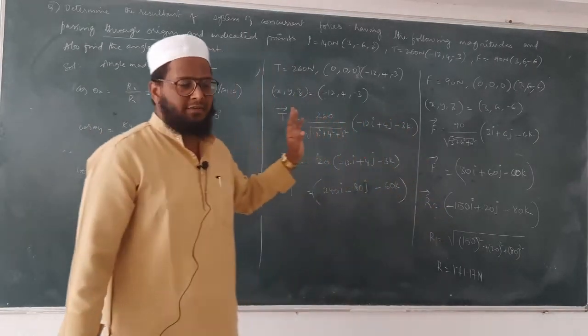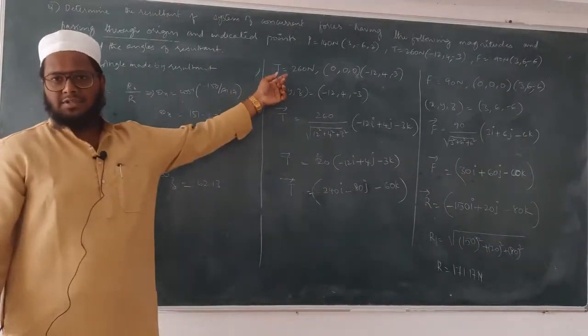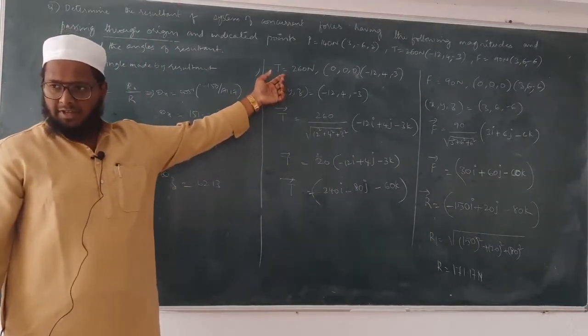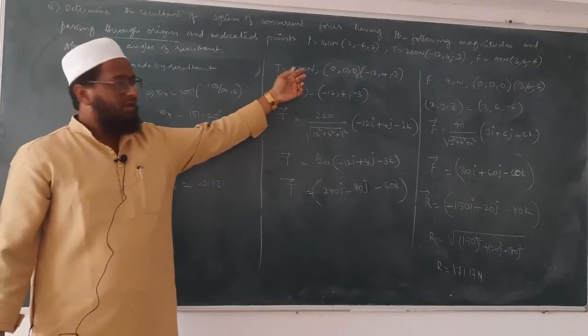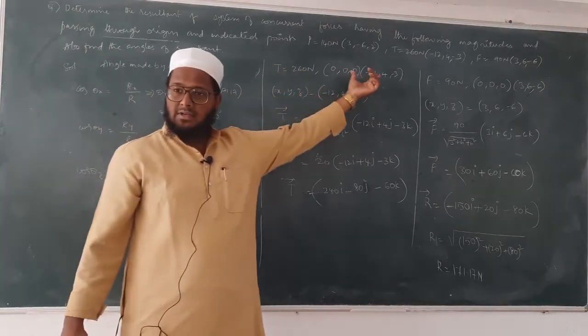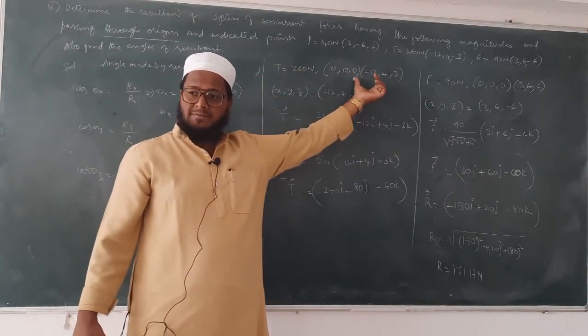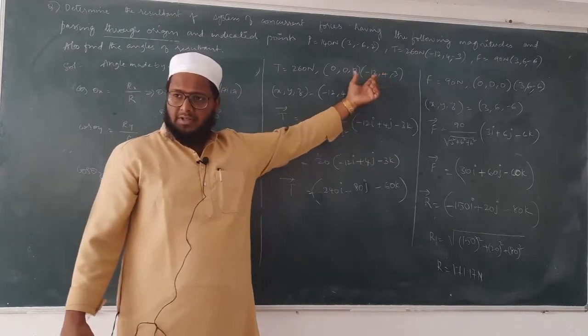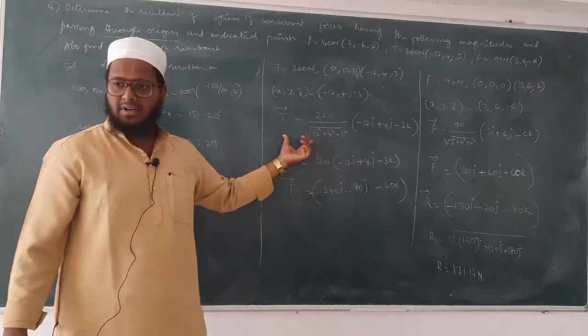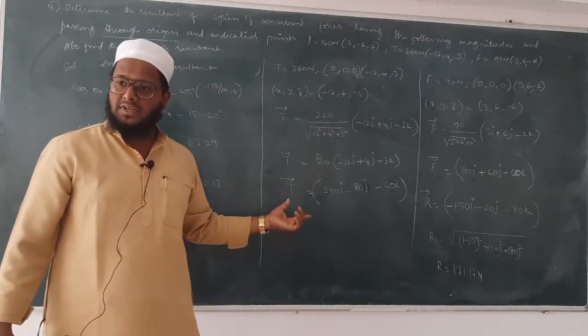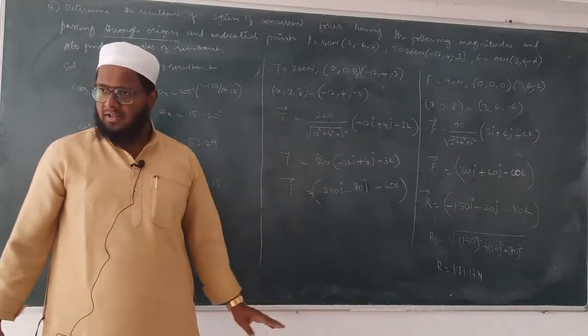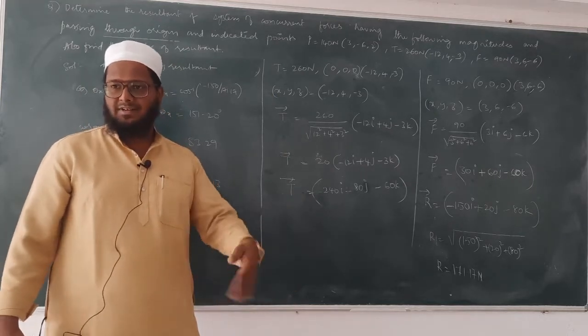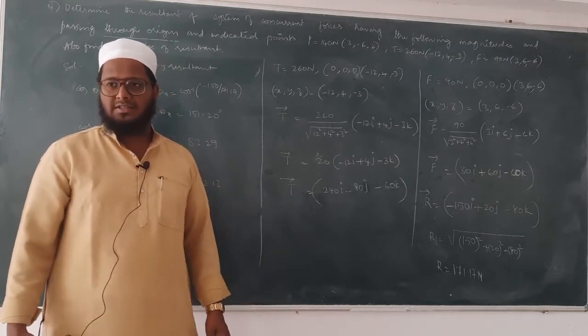What is the first thing we have done? Whatever force was given to us, we have taken that force. Then what are the coordinates it is passing through? Origin and meeting at a certain point. We have calculated the force vector. Then after calculation of force vector, we have added all the forces. Then we have calculated the final resultant.